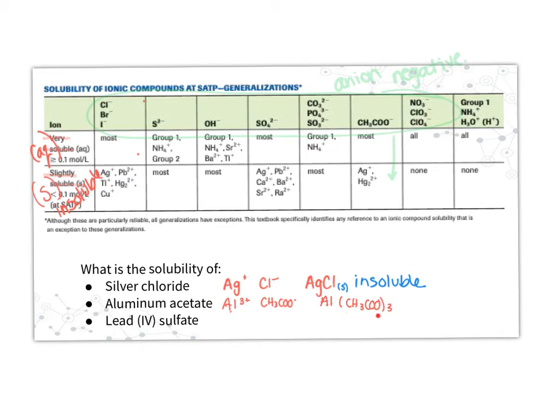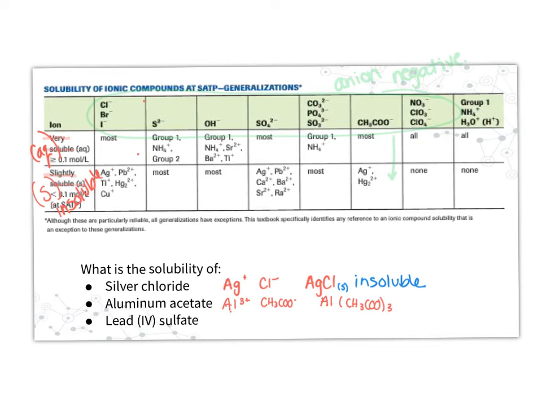I'm going to look for my anion, or the negative, across the top. I need to find the column where acetate is listed. CH3COO- is listed here. Most things with acetate are soluble. Let's just double check that aluminum isn't one of the exceptions.